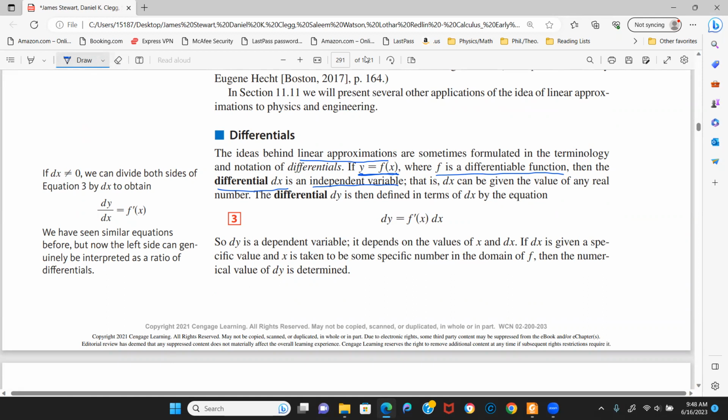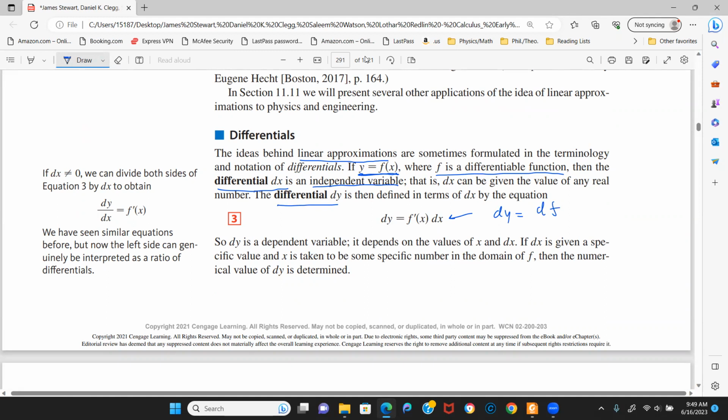So dx can be taken to be any real number, and given that, you can find the differential of y, dy, in terms of it. It's going to be dy equals f prime of x dx. There are a lot of ways this can be reformulated using Leibniz notation.